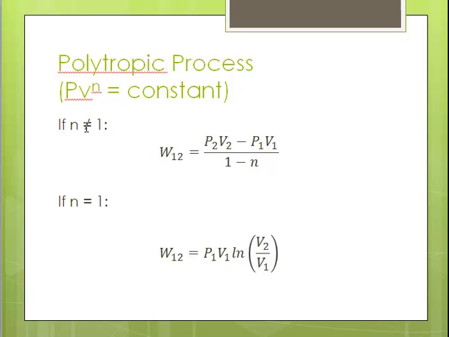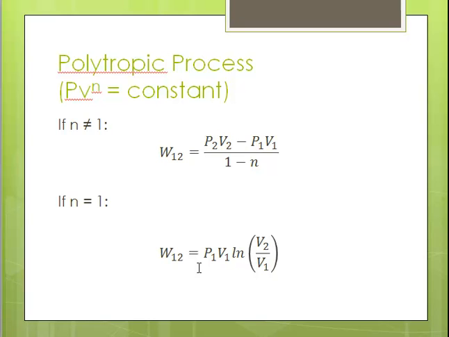Now, whenever n is not equal to 1, I can integrate this by solving for V to a power is a constant over the pressure, or P is the constant divided by V to that power. And I can use that to substitute into the integral. And with a little bit of algebra, I would get that the work is P2V2 minus P1V1 at those two states divided by 1 minus the power n.